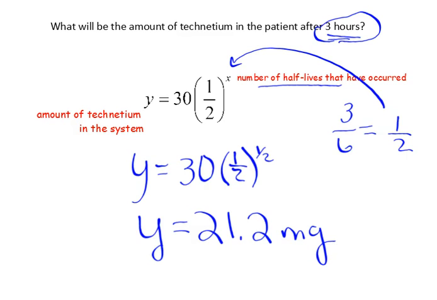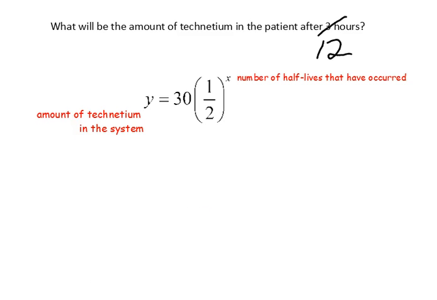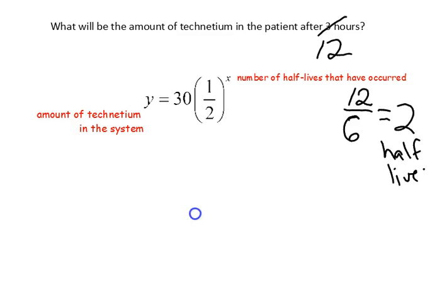Well, what if we wanted to know how much technetium was in the body after, say, 12 hours? What if instead of 3, that was a 12? Well, we know a half-life is 6 hours, so 12 divided by 6 is 2. 12 hours is 2 half-lives.